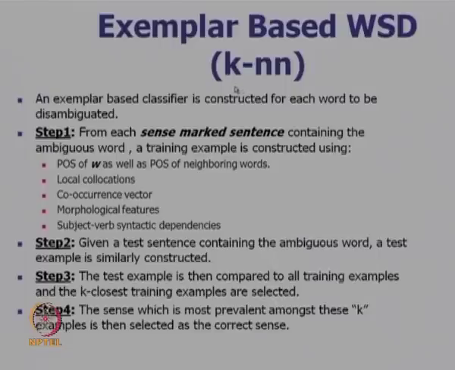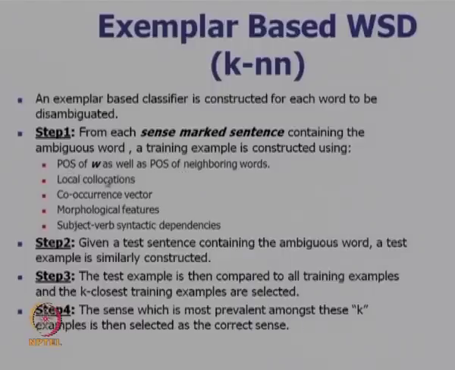This is the K-nearest neighborhood algorithm. An exemplar based classifier is constructed for each word to be disambiguated. How do we do this? First step is, from each sense marked sentence containing the ambiguous word, a training example is constructed using the part of speech of W as well as the part of speech of neighboring words.